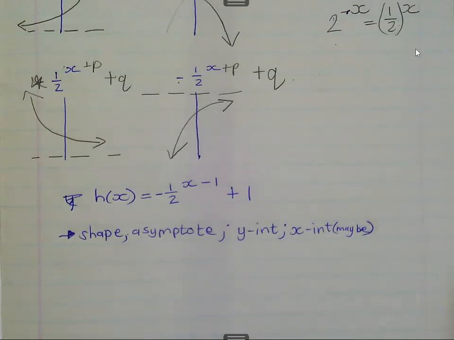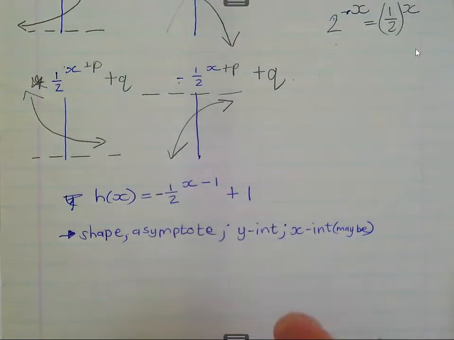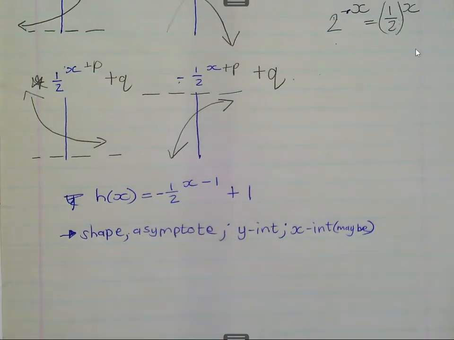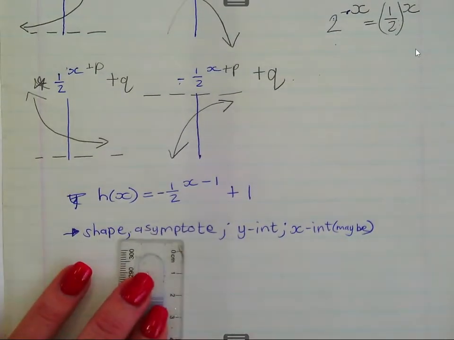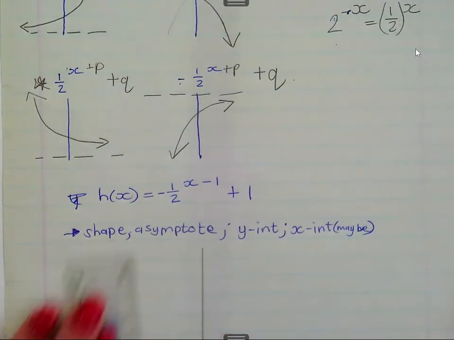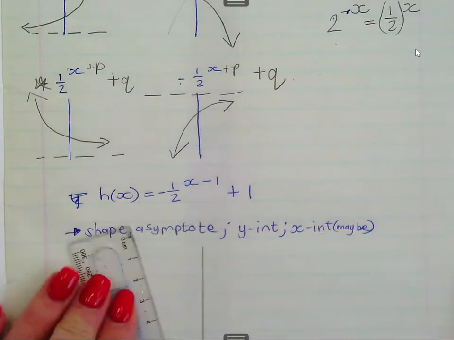Okay. I'm going to draw the function. What is the shape going to look like? It's minus a half, so it's going to be increasing. It's from the bottom to the top. So it has an asymptote at 1. Do you agree I need more negative than positive?